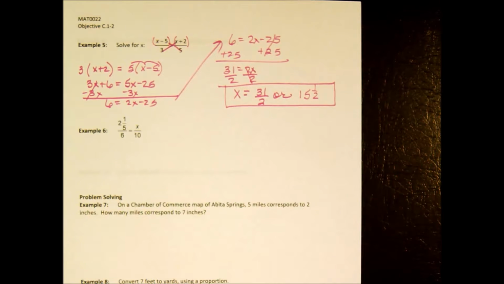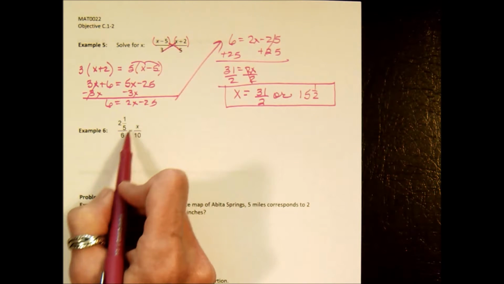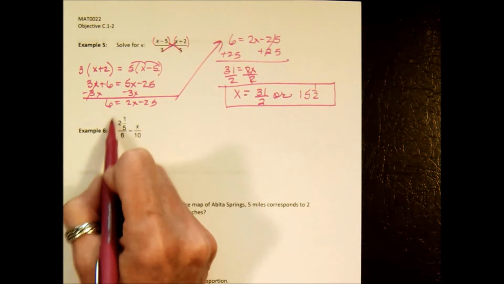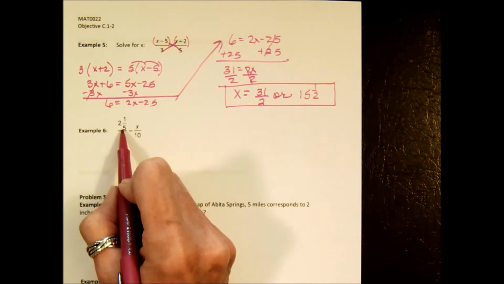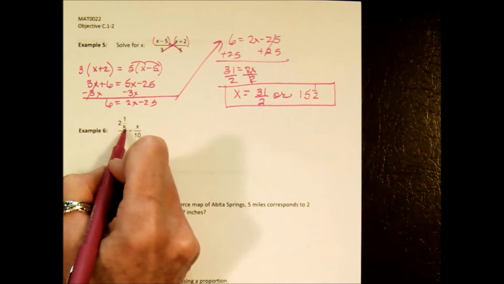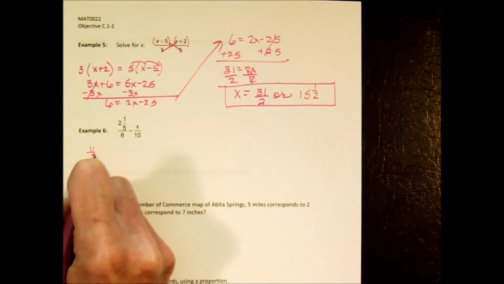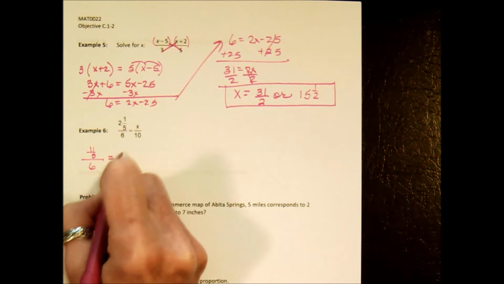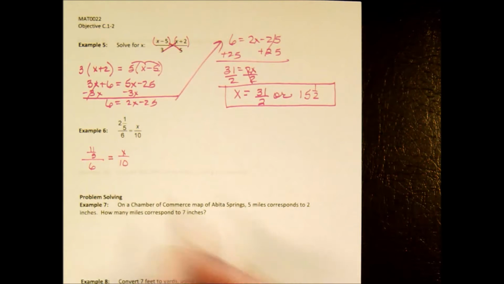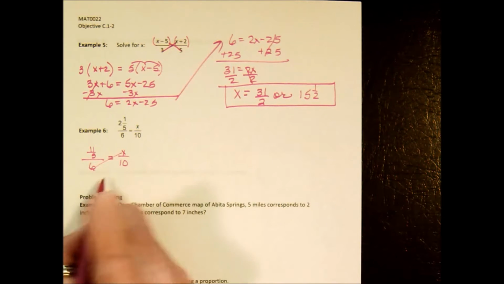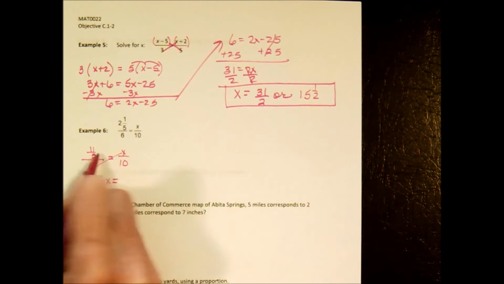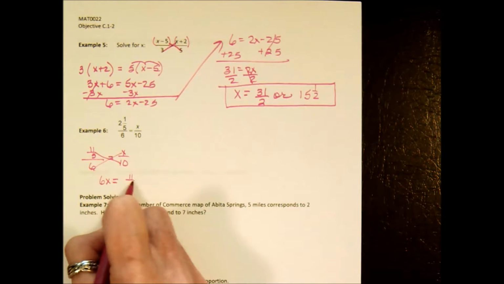So again, we're using that rule of cross products. We're going to do the same thing here, but before we can start, I need to rewrite this as an improper fraction. So that is 11/5 over 6 equals x over 10. So still cross products. So 6 times x equals 11/5 times 10.